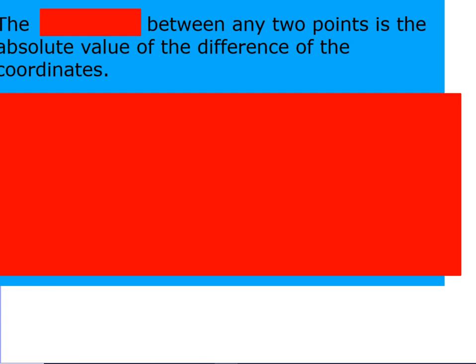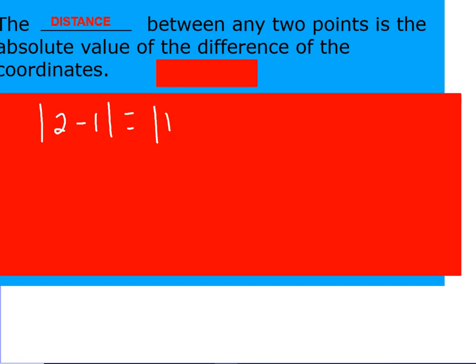The distance between any 2 points is simply the absolute value of the difference of their coordinates. So on that ruler, I can say that the distance between 1 and 2 is, of course, 2 minus 1, which is 1, and the absolute value of 1 is just 1.